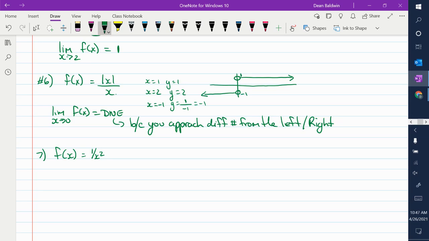So at 0, you have a vertical asymptote. But the graph is always positive because you're squared, so it looks like this. So basically, as you get closer to 0, the graph shoots straight up. Okay?